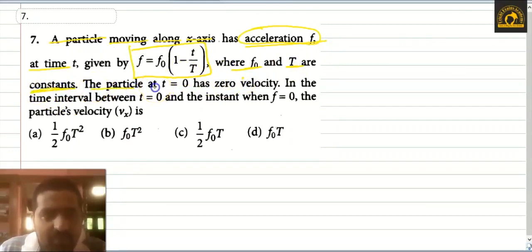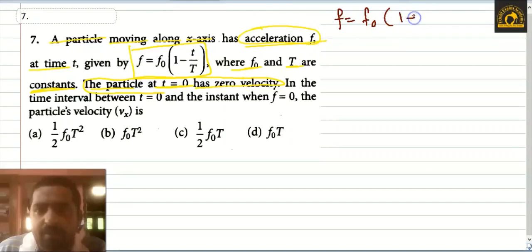The particle at the time t is equal to 0 has 0 velocity. This is the important point. Let's see the solution for this problem.